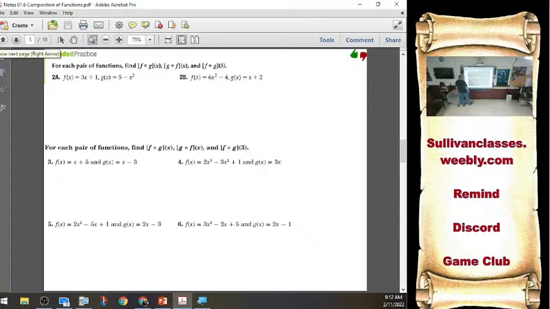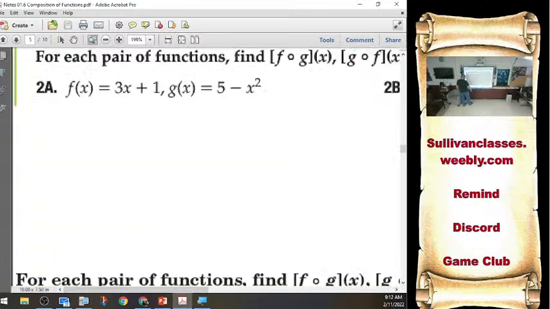So, we try it. f of g, g of f, f of g of 3. Go. I'm just going to make my pretty colors.